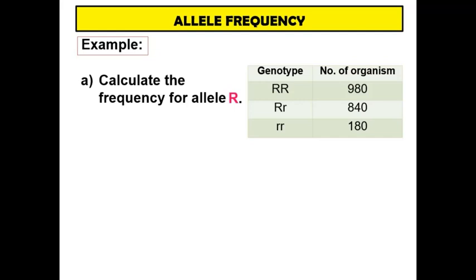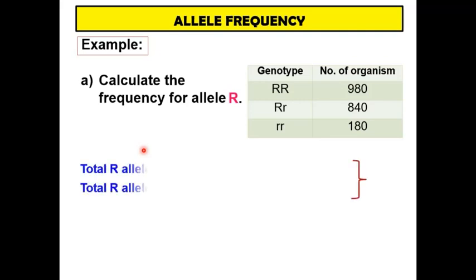The table here shows one population that has homozygous dominant with 980 individuals, homozygous recessive with 180 individuals, and heterozygous with 840 individuals.